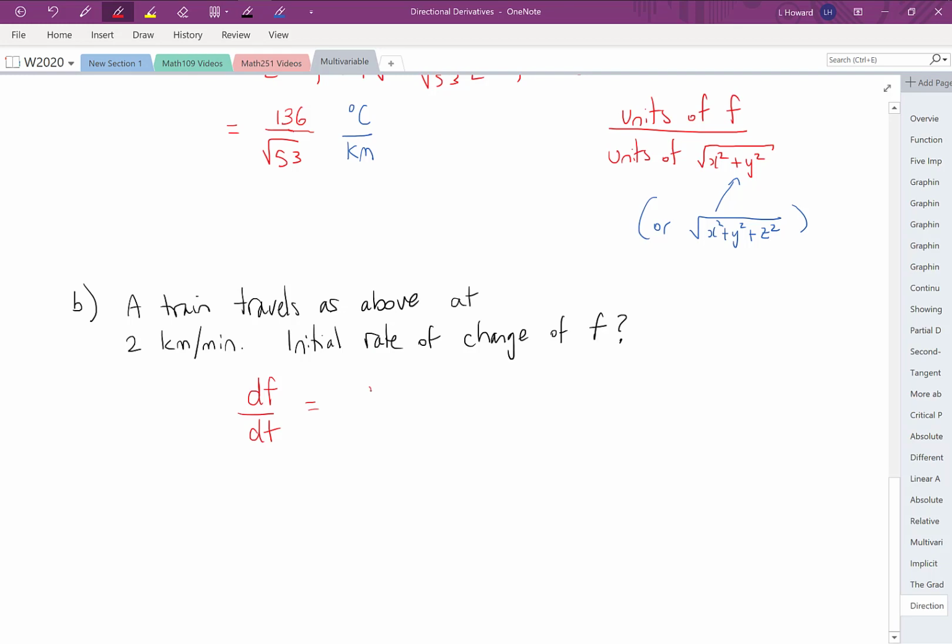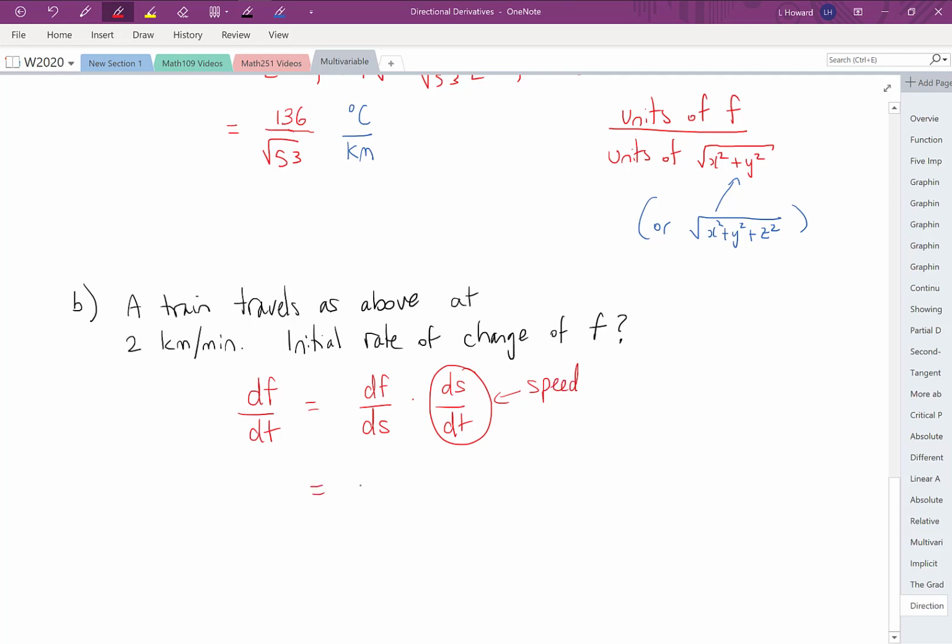And what we did in part A, we found rate of change of f with respect to distance. So let's use s for distance. If we then want to complete this, we need to multiply by ds by dt. So this is the rate of change of distance with respect to time, otherwise known as speed.